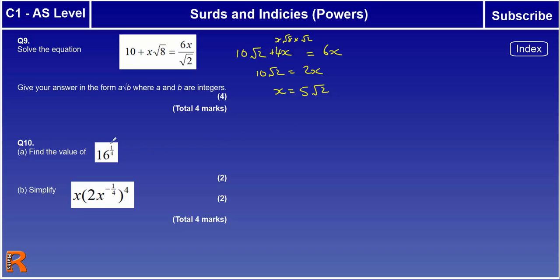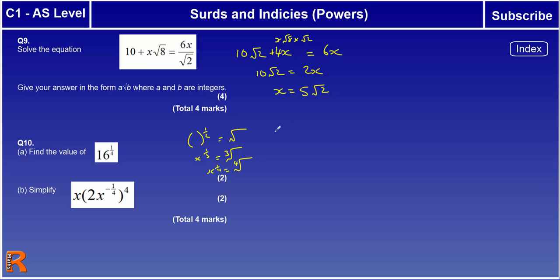Question 10. Find the value of 16 to the power of a quarter. Well, fractional powers: something to the power of a half is the square root. The power of a third is the cube root, and something to the power of a quarter is the fourth root.